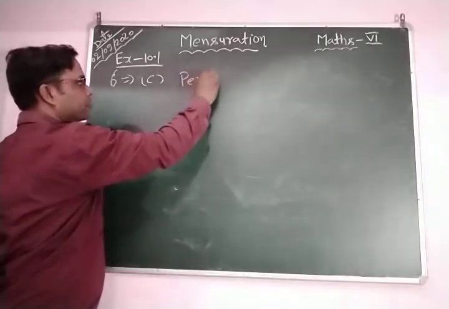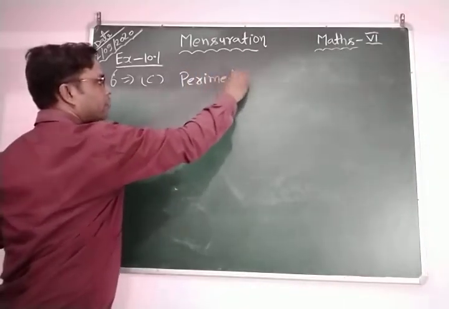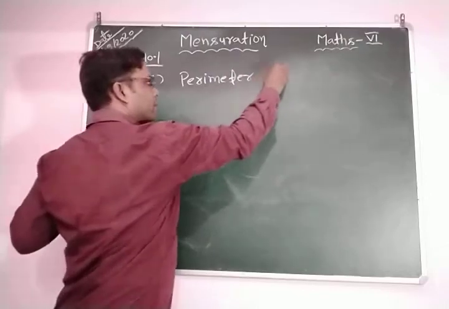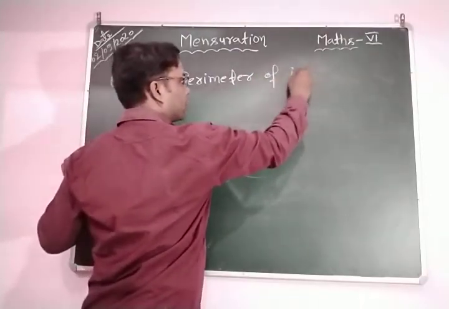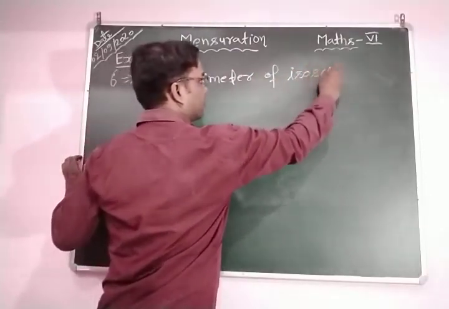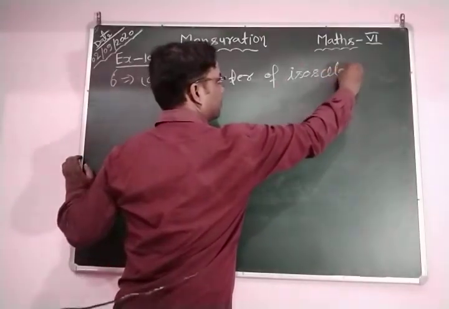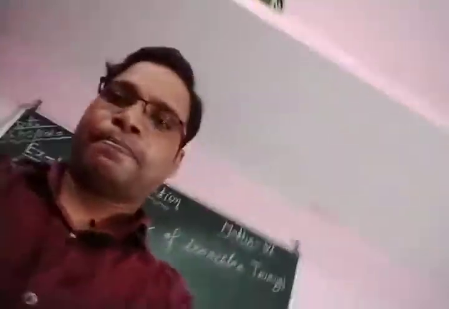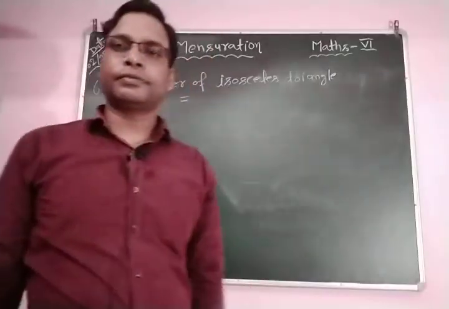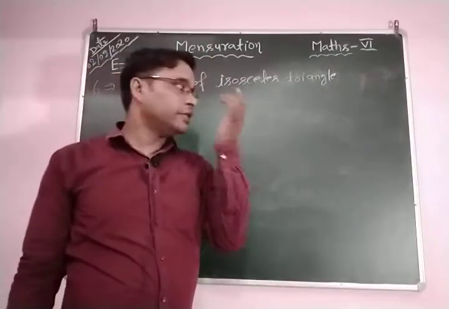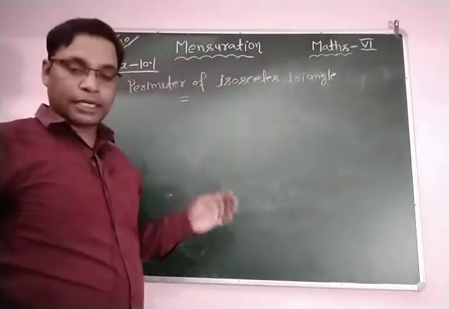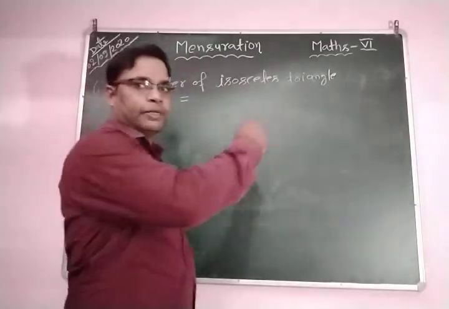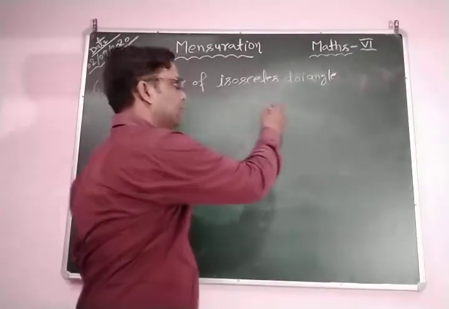So first we find the perimeter of the isosceles triangle, part C. The perimeter of an isosceles triangle is equal to the sum of all sides.